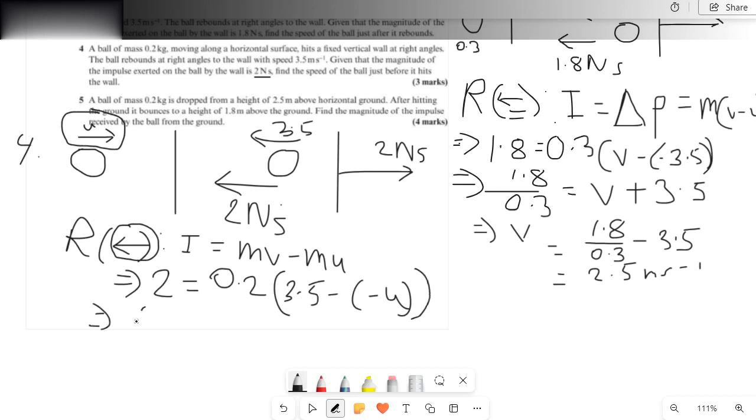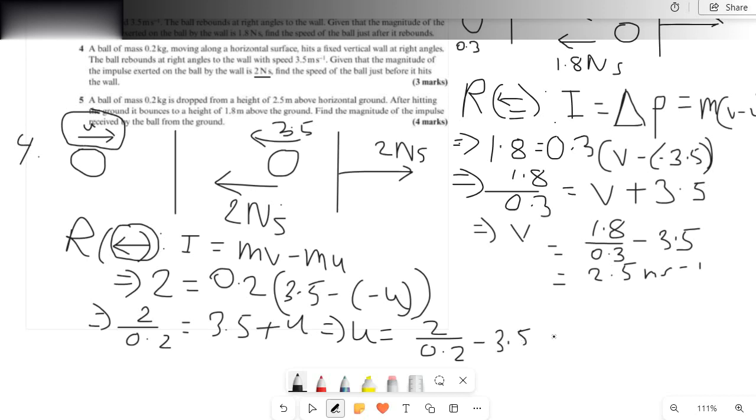So further simplifying, 2 divided by 0.2 is equal to 3.5 plus u. Therefore, u is equal to 2 divided by 0.2 minus 3.5. And the answer is 6.5 meters per second.